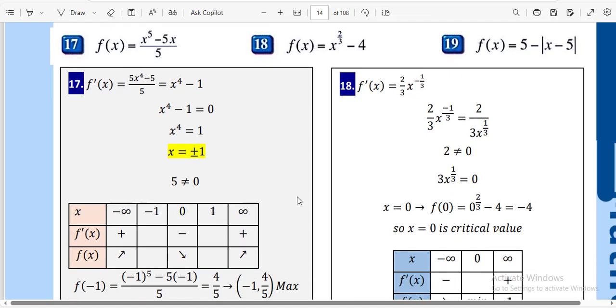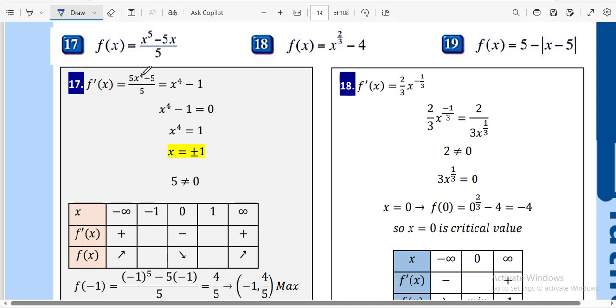In question 17, we have a fraction x power 5 minus 5x all over 5. The worst thing that someone can do is to say 5 cancels 5. This is the worst mistake that someone can do. You can make mistakes, there are good mistakes, but this mistake, if you cancel these two 5's together, is the worst one. Alright, to find intervals of increasing, decreasing, we start with finding the derivative.